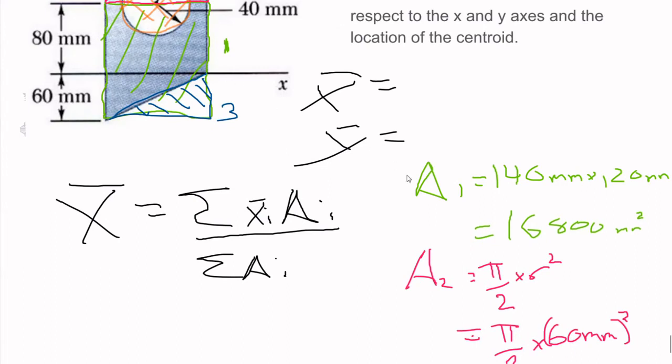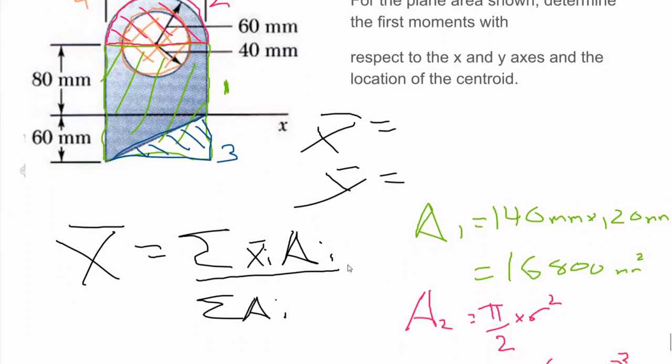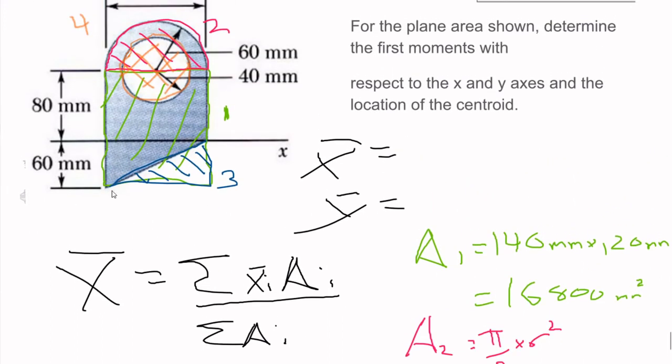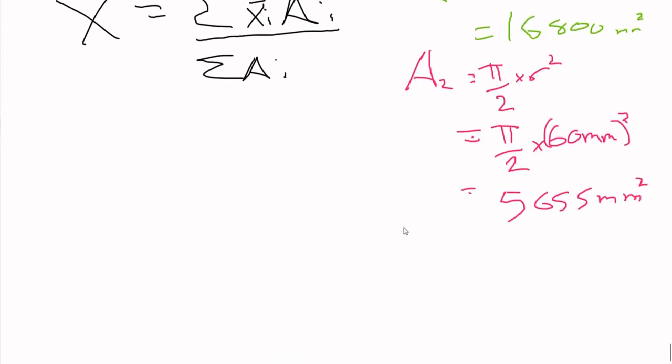So we got our A1, A2, A3. A3, the base of that triangle is 120 millimeters, and the height is 60 millimeters.